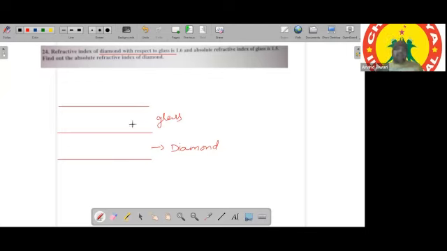Okay, see how it happens now. Now consider some ray coming from air. So on the top we have air. Suppose light travels with speed c in air, with some speed vg in glass, and some speed vd in diamond.